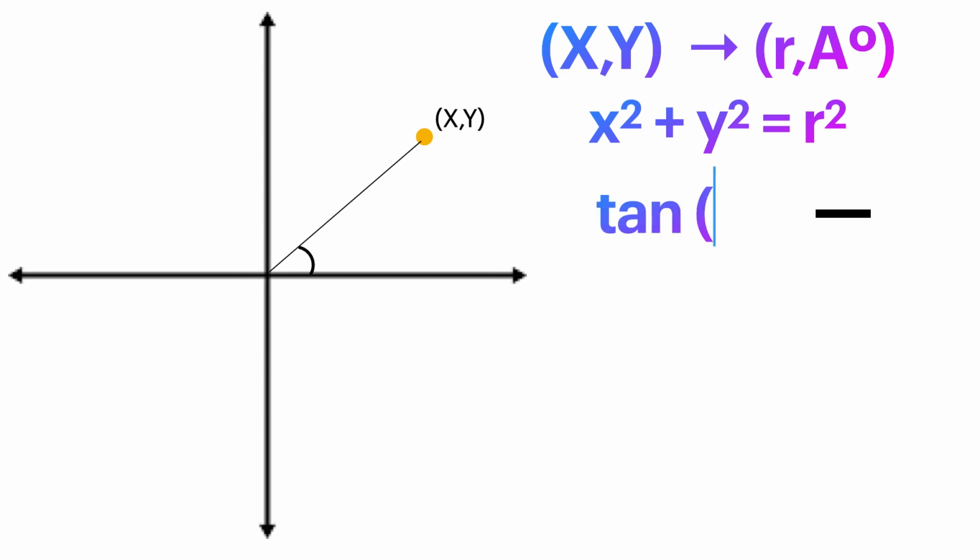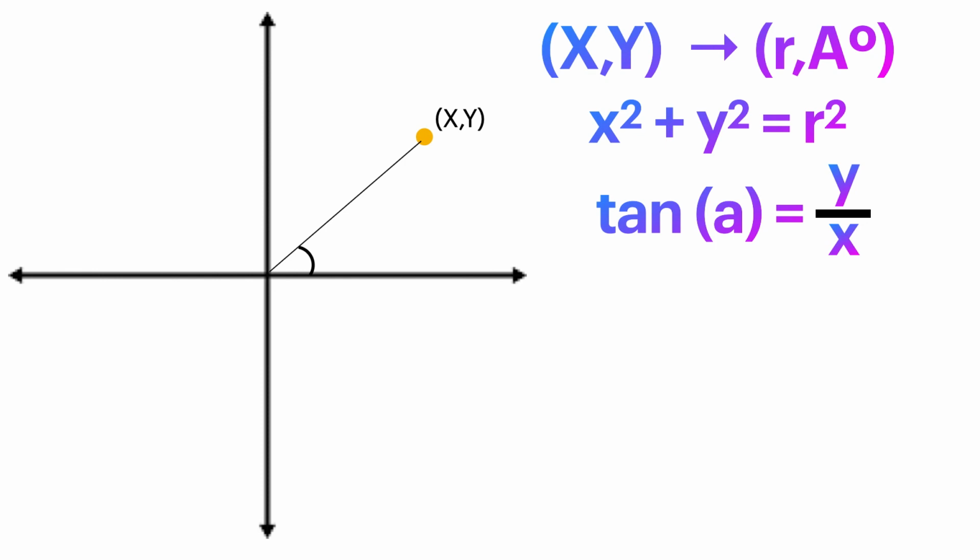That means the tangent of A, the angle, is equal to y over x. That makes sense because y is the y coordinate, the up and down, and x is the adjacent, or the x coordinate. That's adjacent, and up, which is y, is also opposite.